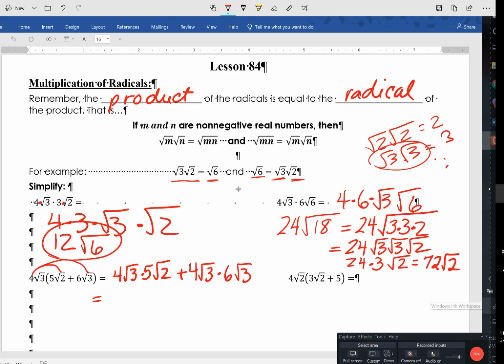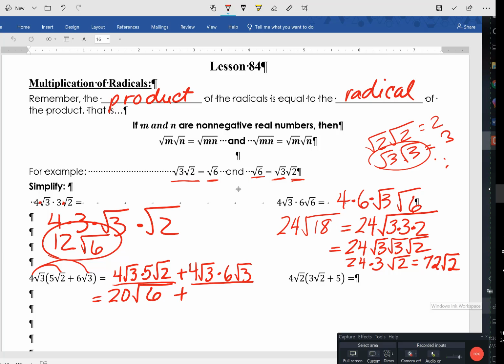Or I can just do it without actually writing it. So this first term here, 4 times 5 times the square root of 3 times the square root of 2. I could write it down, rearrange it, but I'll just do that in my head. So 4 times 5 is 20. And then the square root of 3 times the square root of 2 is the square root of 6.